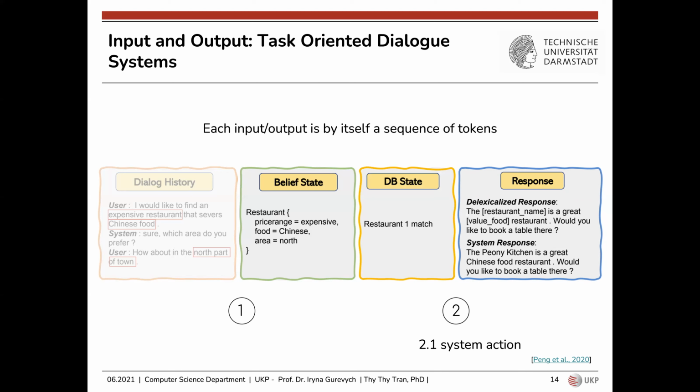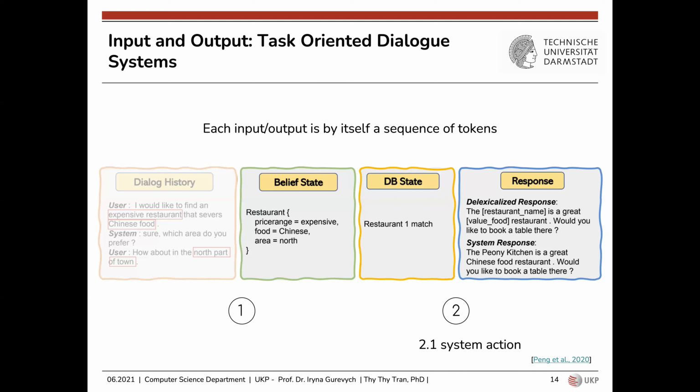So in summary, the end-to-end task-oriented dialogue model generally performs 2 steps. First, take dialogue history as input and generate the belief state. The second is, after getting the database state, using the belief state, the model will generate a response based on the current information.